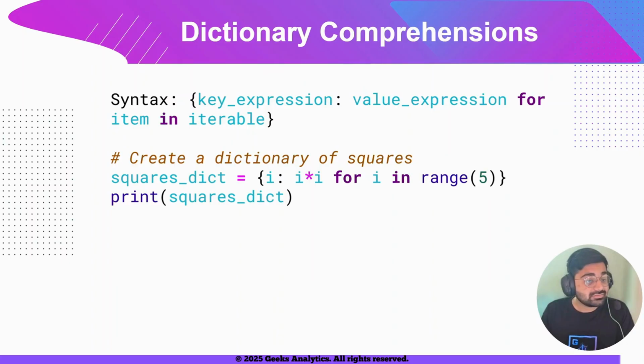Then, like lists, we can also create dictionaries using similar comprehension syntax. The only difference is that we use a key-value expression instead of a single value, and instead of square brackets we use curly brackets.